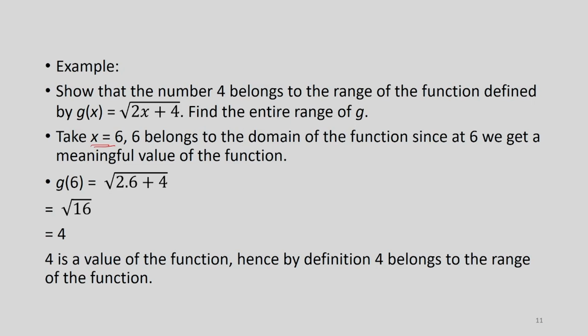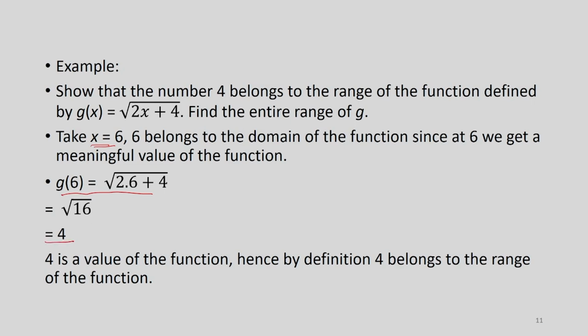So, 6 belongs to the domain of the function, and so if I put x equal to 6, what do I get? Root over 2 multiplied by 6 plus 4, and that is root over 16, and the positive square root of 16 is 4.